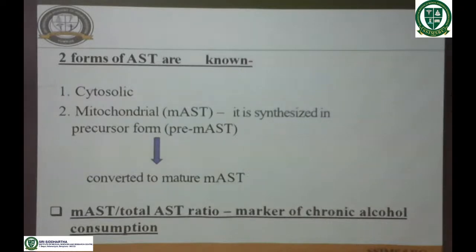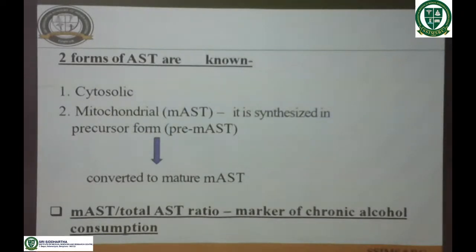I said there are two forms of AST: mitochondrial AST and cytoplasmic AST. The mitochondrial AST is synthesized in a precursor form, pre-m-AST, that is precursor mitochondrial AST, which is converted into mature mitochondrial AST.